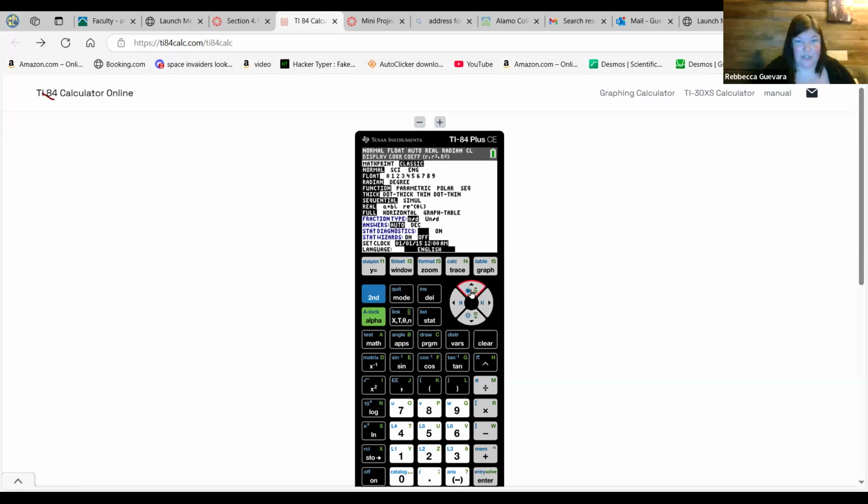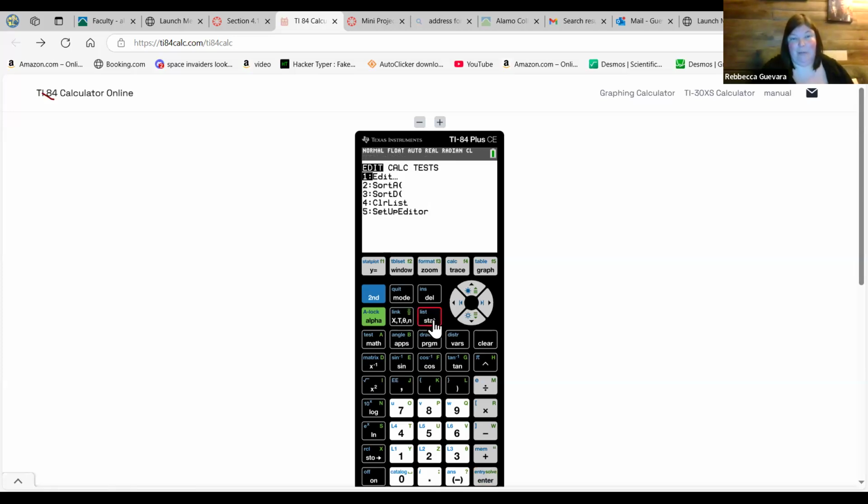You're going to turn off your stat wizard and turn on your stats diagnostics. So it should look like this. If you're using the TI-84 app, you have to be really careful because your stat wizard says off then on, so it might throw you off a little bit.